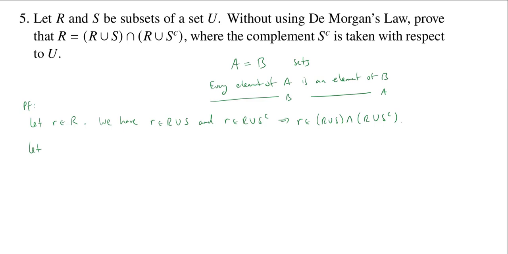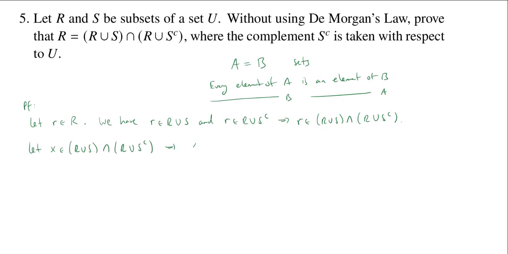Now, I don't want to use little r the same way. It might be confusing, so let's call it something like x. And let's let it be in the intersection of R union S with R union S complement. Okay, so if I'm in this intersection, that means that I'm in both of these two sets, R union S and R union S complement.